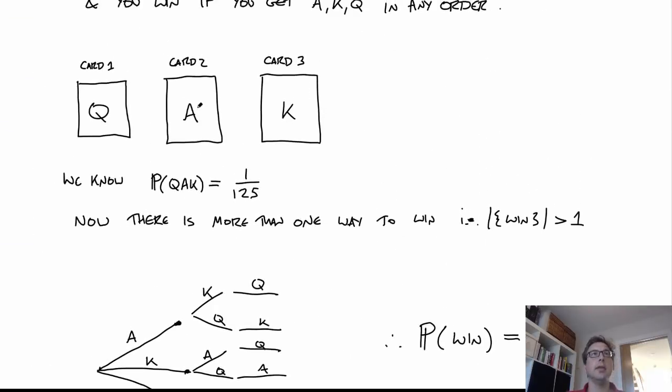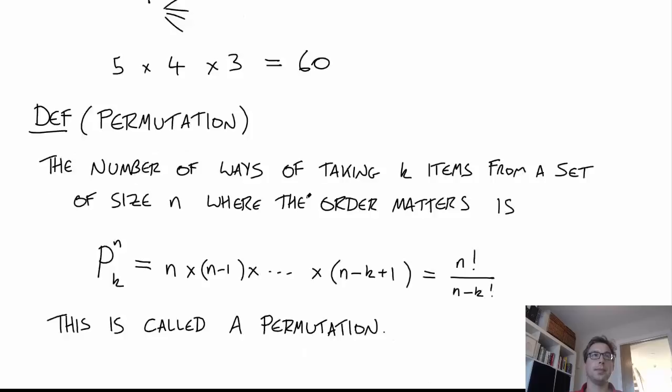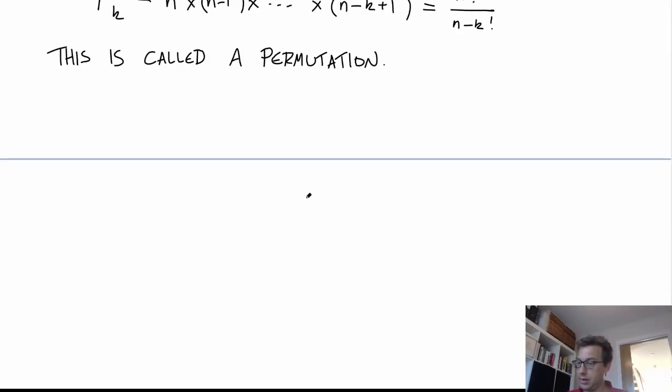And separately we dealt with the issue that we didn't want to care about the order that the cards came out in. So ace, king, queen was the same as queen, ace, king. So now we just need to put these two ideas together and we end up with what we call combinations.